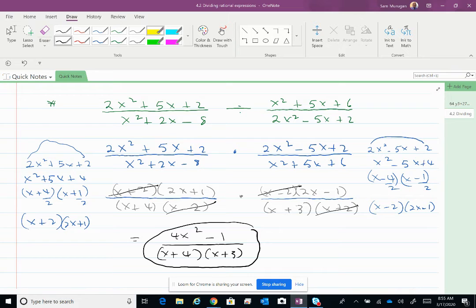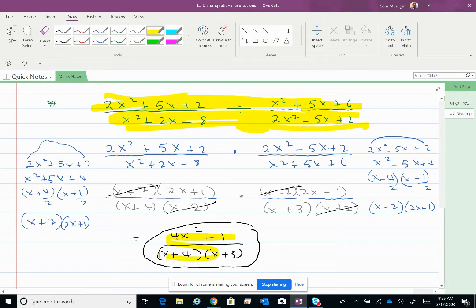Okay, this is the simplest form. Consider what we started out with here. We started out with all of this, and we ended up with this. So we've simplified this entire rational expression to give something that is worthwhile.